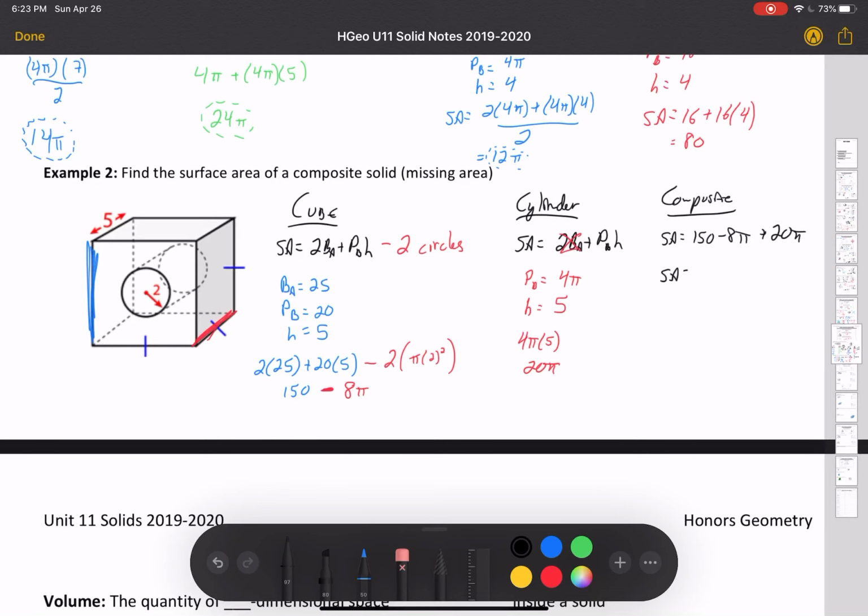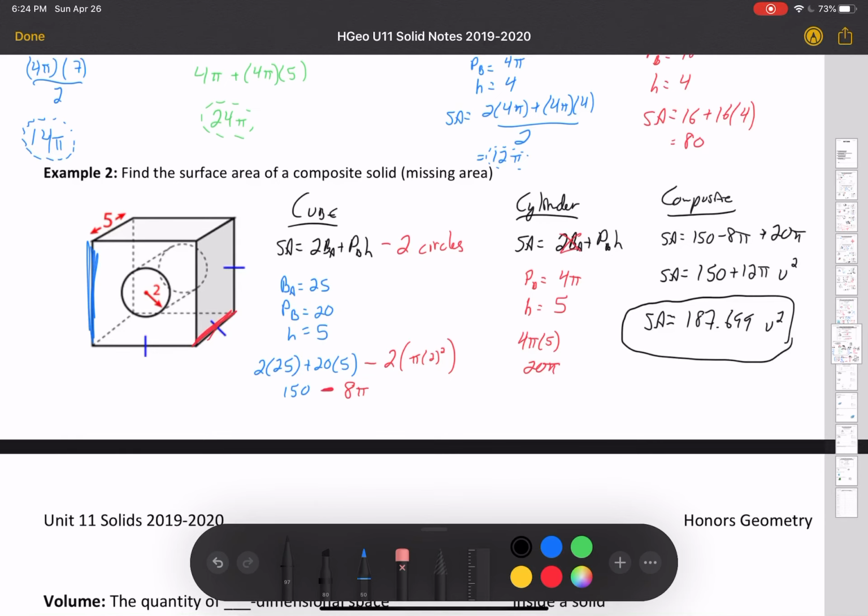So that is going to give me an exact answer of 150 plus 12 pi inches squared, or an approximate answer of 187.699 units squared. Oops, sorry, this is not inches. Units. Units squared. Okay? So that is a tricky problem.